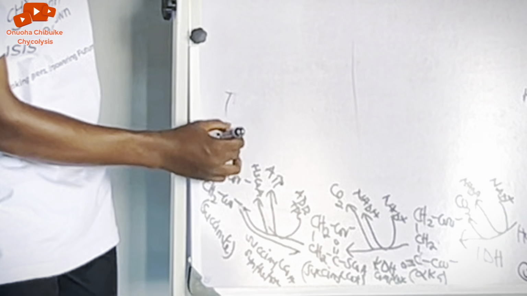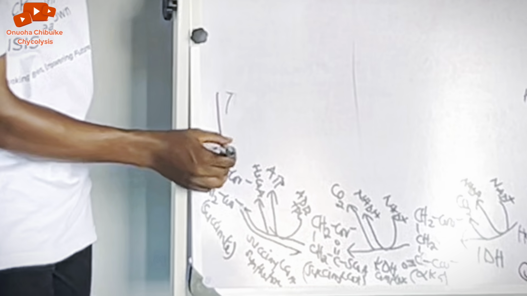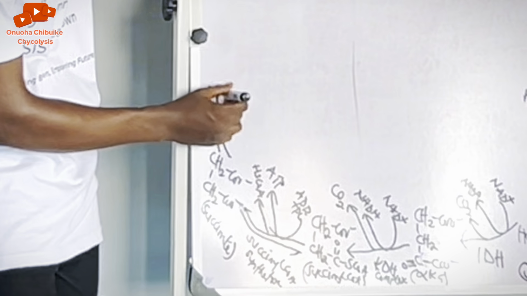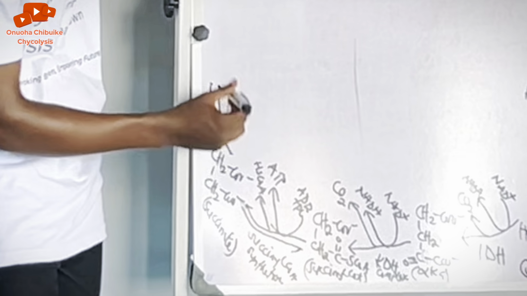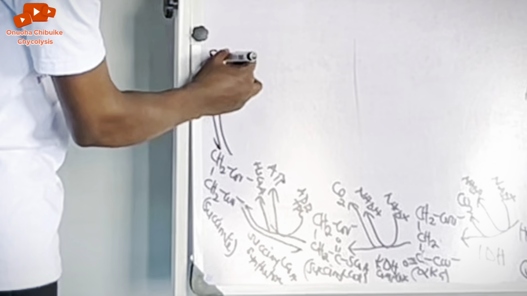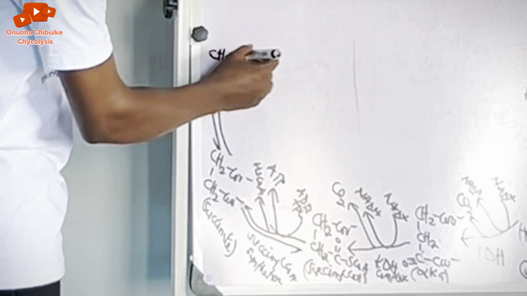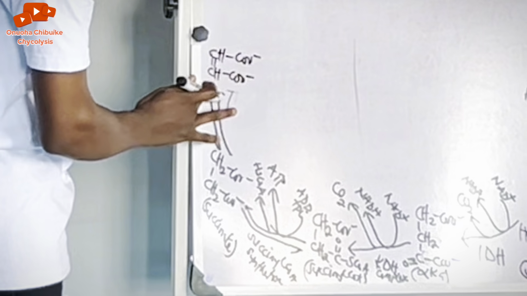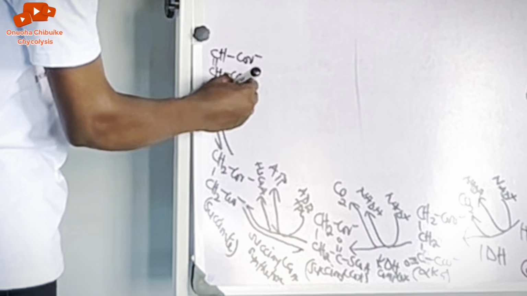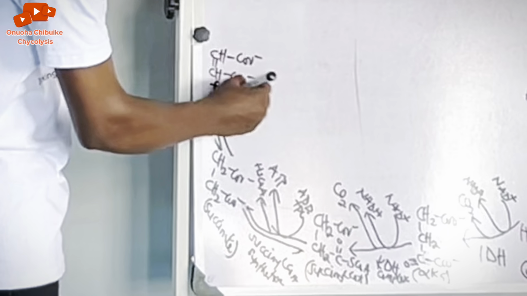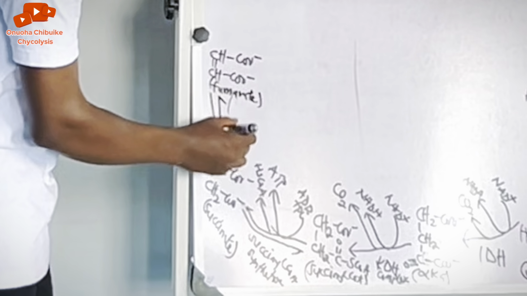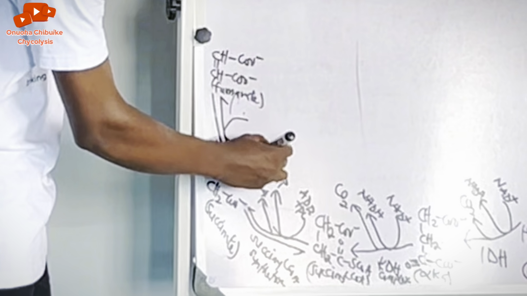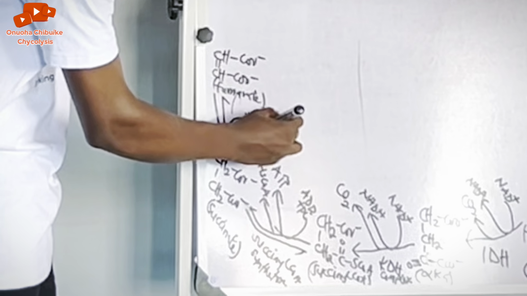fumarate by dehydrogenation. So this one uses FAD plus to produce FADH2.